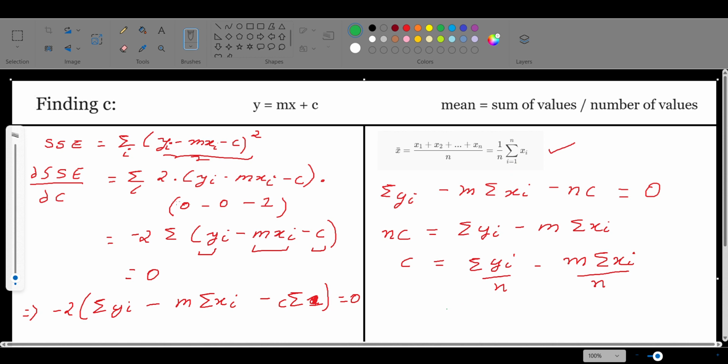So you could write this as c is equal to y bar minus m x bar. Over here you'll notice that the constant value is dependent on m also. So once we find the value of m, we'll be able to substitute it over here and even find the value of c. So let's go to the next part and try and find the value of m.